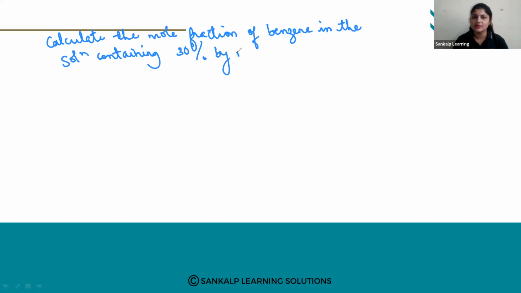Calculate the mole fraction of benzene in the solution containing 30% by mass in carbon tetrachloride. Carbon tetrachloride means CCl4, it is also a solvent. Tetra means four, because there are 4 Cl atoms attached to carbon. So tetrachloride.